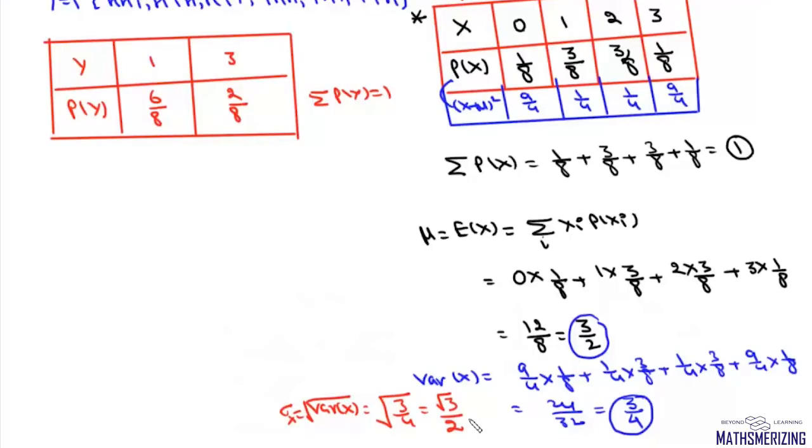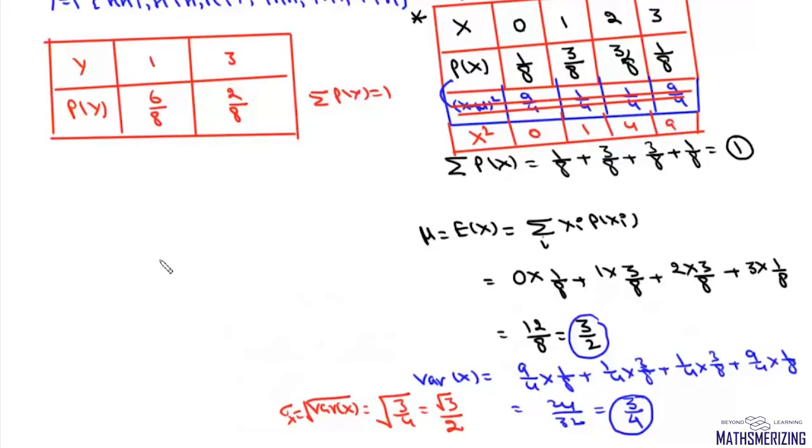We can calculate this variance using the other formula. And for this other formula, we take x square. So in this table, rather than taking this, we'll take simply x square. Now here 0 square is 0, 1 square is 1, 2 square is 4 and 3 square is 9.